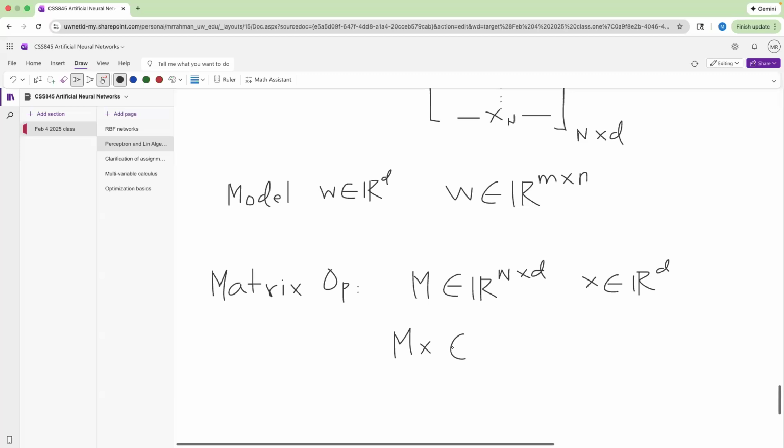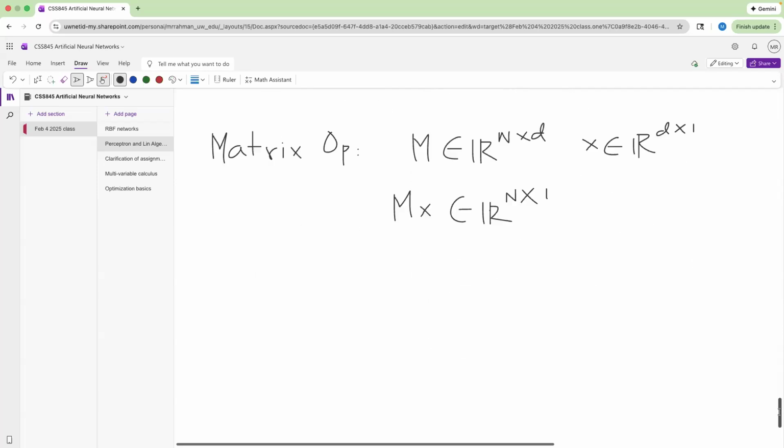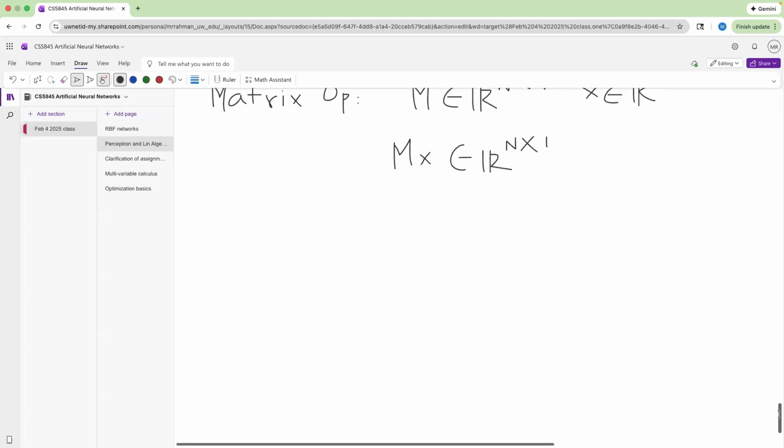We know that if it's n by d times d by 1, then the result belongs to the dimension n by 1.